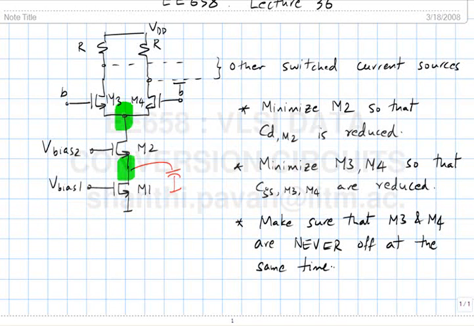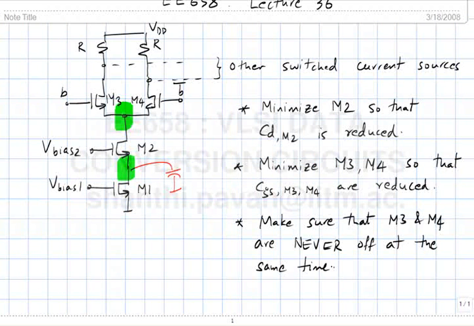What I would do as a designer would be to start with M3, M4 being minimum size, because that's the smallest you can make them. Please note that you want to make sure that all the transistors M3, M4, M1, M2 are always in saturation. So you choose the minimum possible size for M3, M4 and M2 if you meet the headroom requirement.